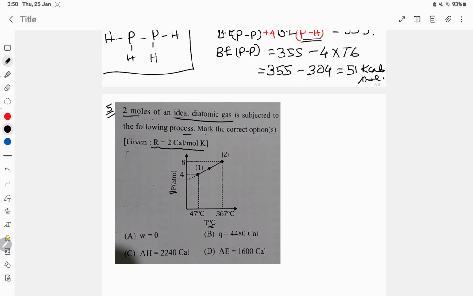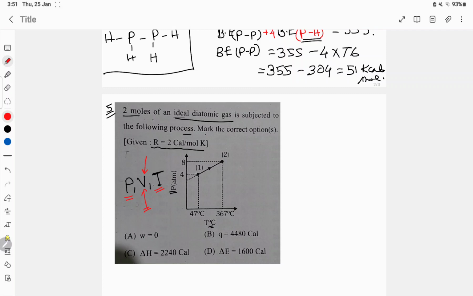So let's find. The given graph is P-T, so PVT. Let's try to find the volume from this graph, as pressure and temperature are already given, and choose the correct answer.